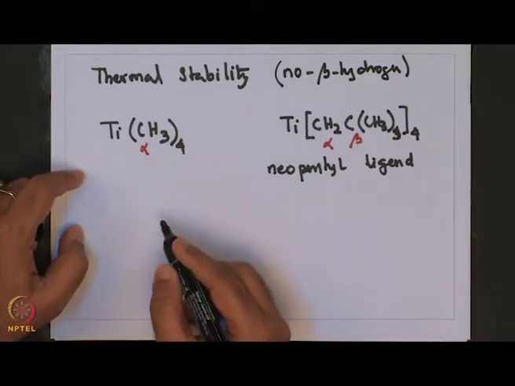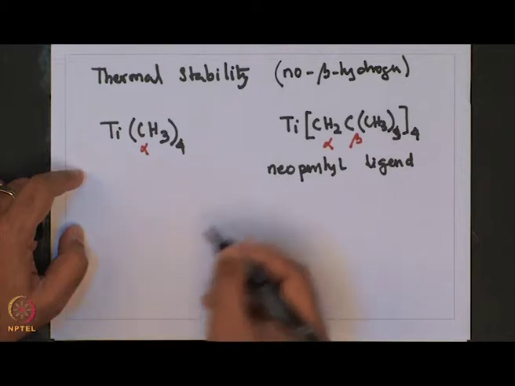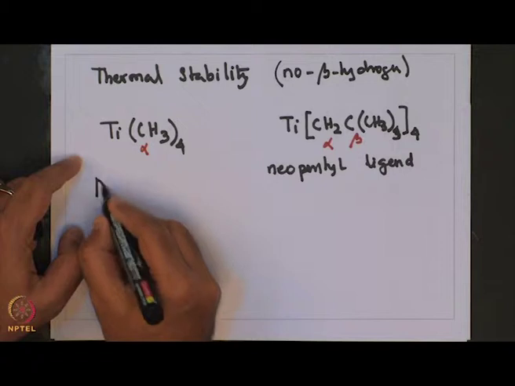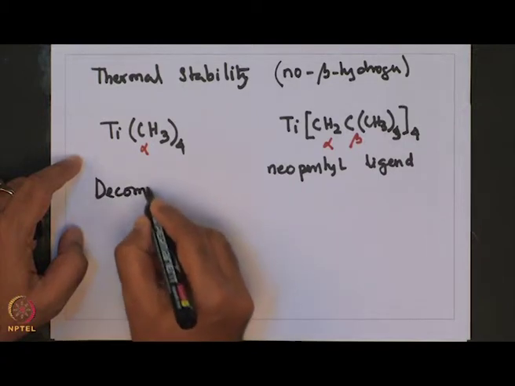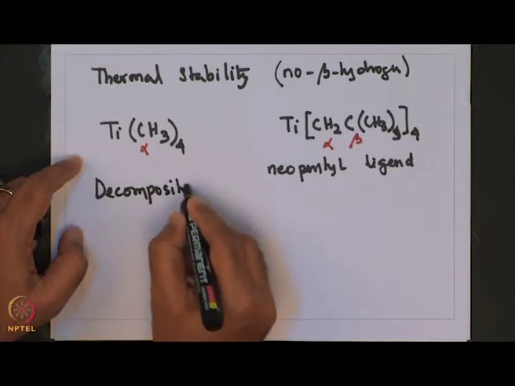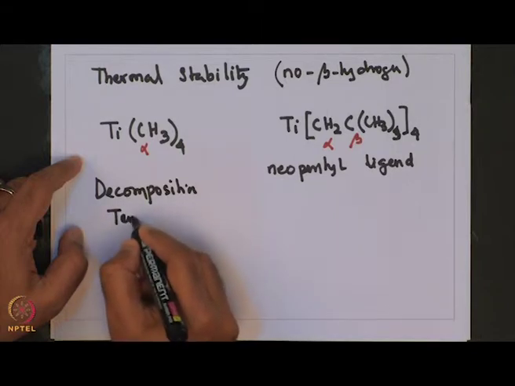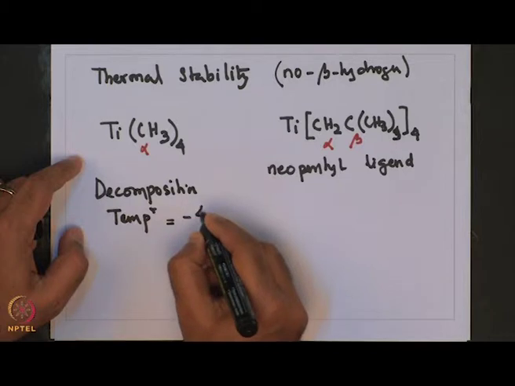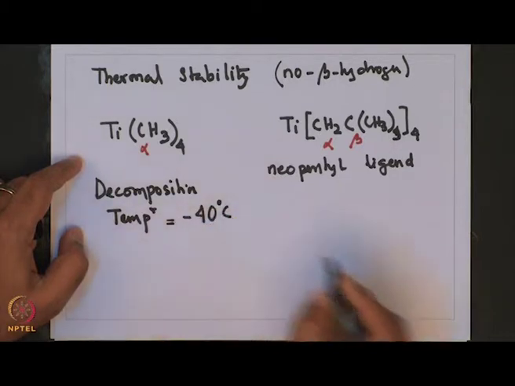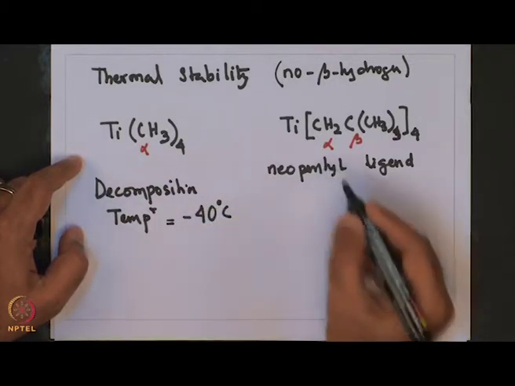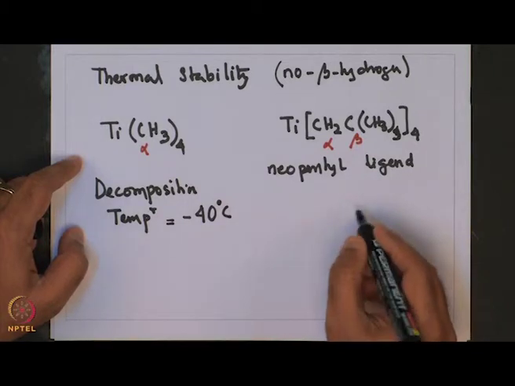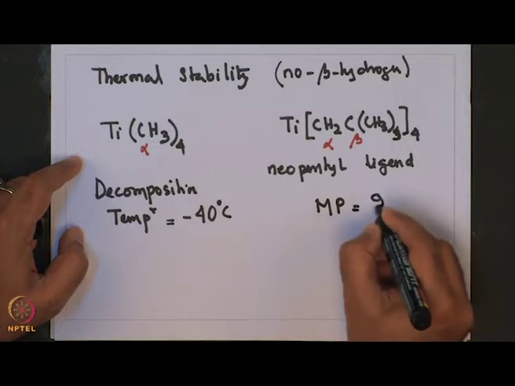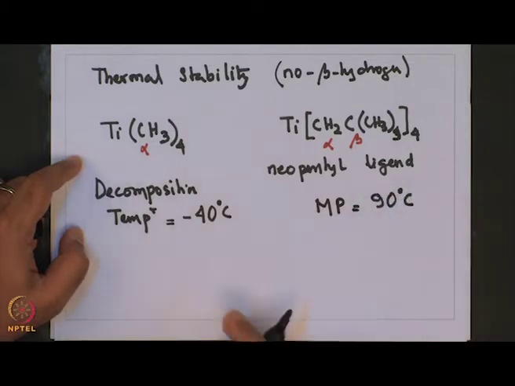but actually that is not the case, as titanium tetramethyl shows a decomposition temperature of minus 40 degrees centigrade, whereas the titanium tetraneopentyl compound has a melting point of plus 90 degrees centigrade.